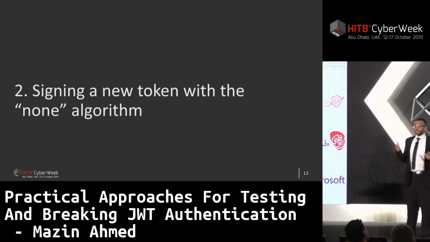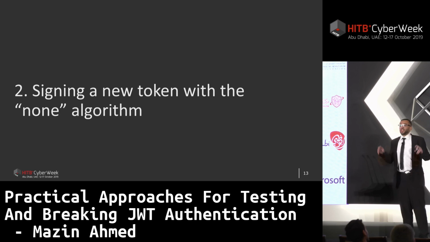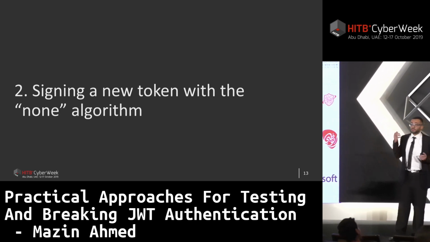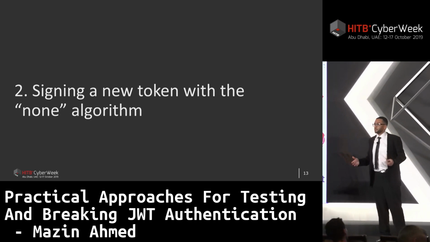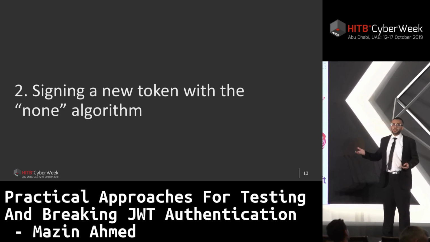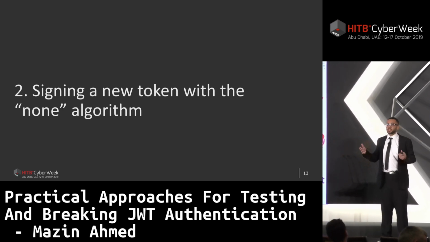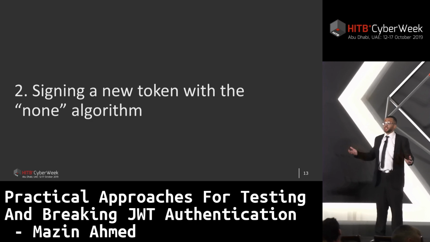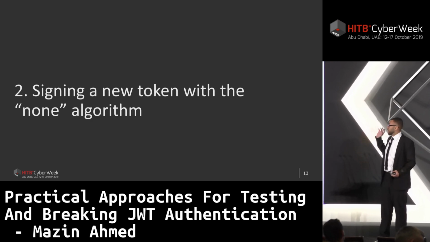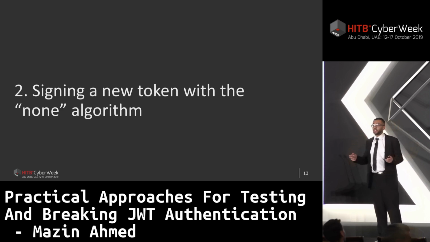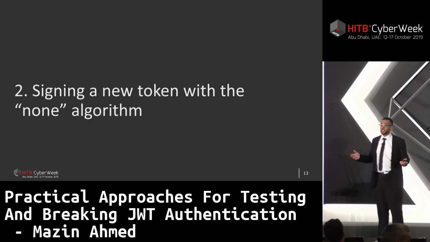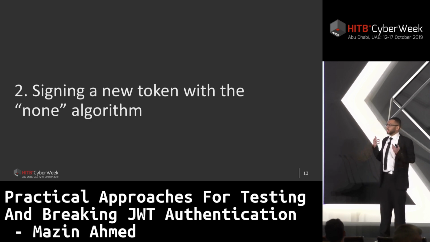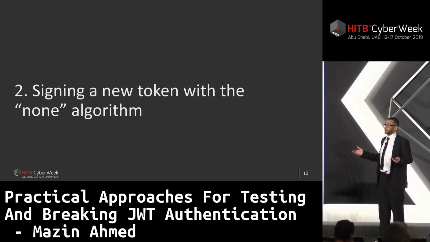is signing a new token with something called the none algorithm. As discussed before, we were discussing how RFCs are quite a difficult thing. So in the RFC, they have this spec called the none algorithm, which means a valid JWT that is unsigned, with no cryptographic key, no password, with nothing.